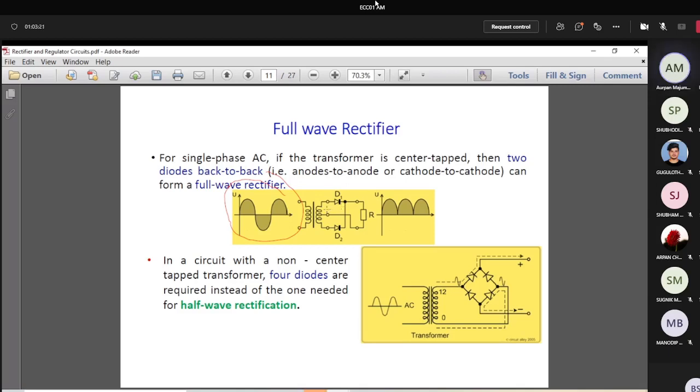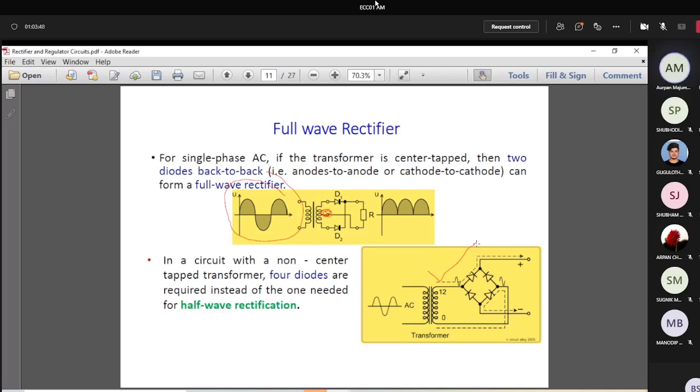In the first segment, right now I'm encircling on it, we are having a center tapping at the secondary winding of the corresponding transformer. But in the next form, which is given at the bottom, we are not having any such center tapping being present over there. So if we have these 2 different implementations for full wave rectifier, what is the effective difference between the 2?